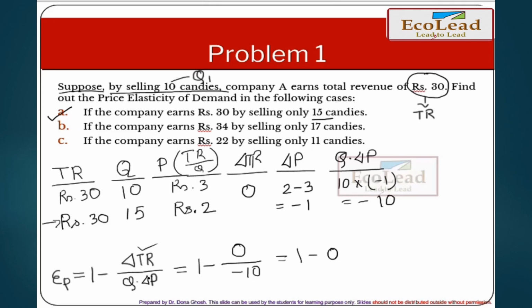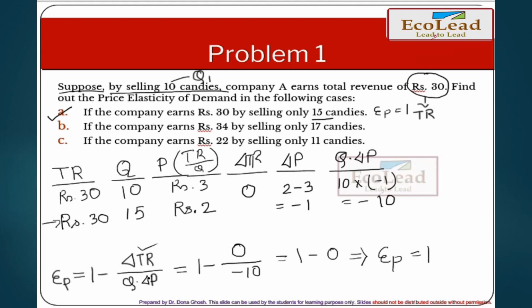So 1 minus 0 means the value of the price elasticity will be equal to 1. So here in the first case, EP, the price elasticity, will be equal to 1.